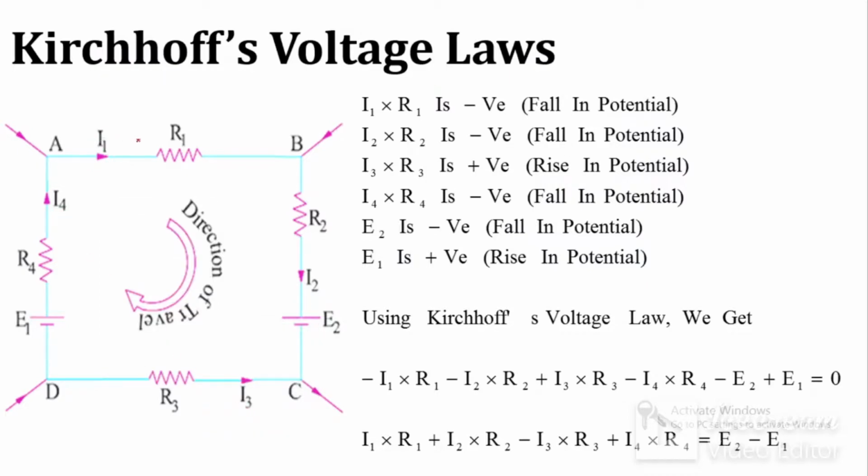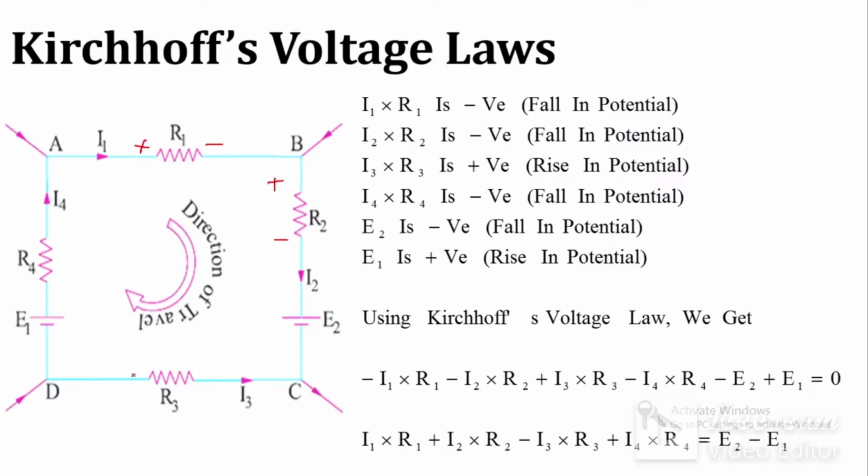This current I1 enters at this point of R1, so I will mark as plus over here, and leaves from this point, so I will mark this as minus point. Now this current I2 will enter R2 at this point and leave R2 at this point, so I will mark as minus.